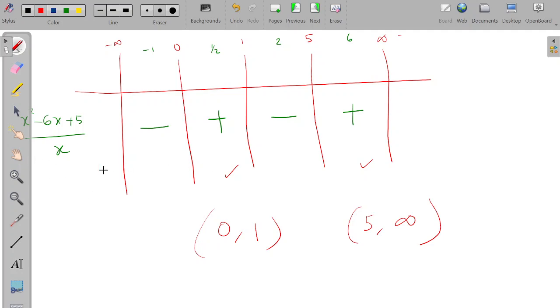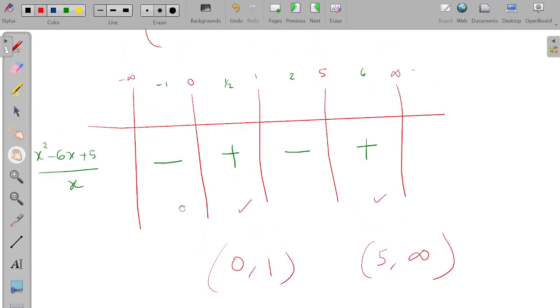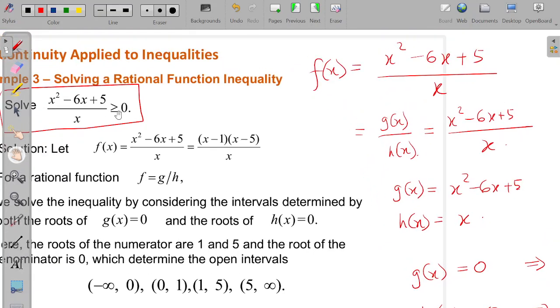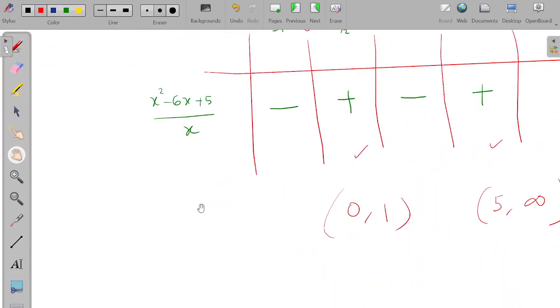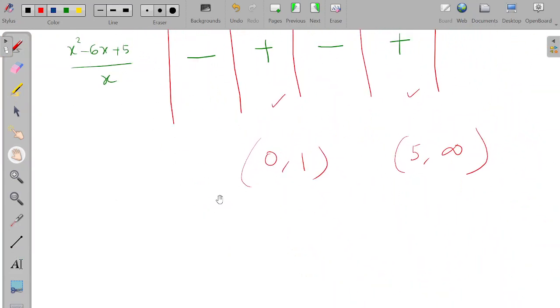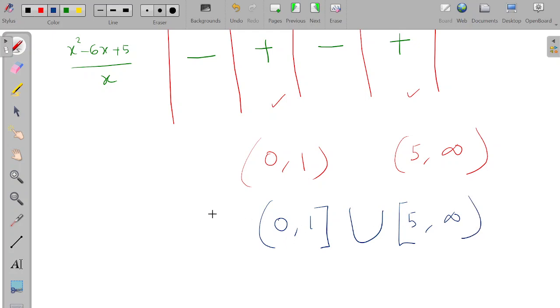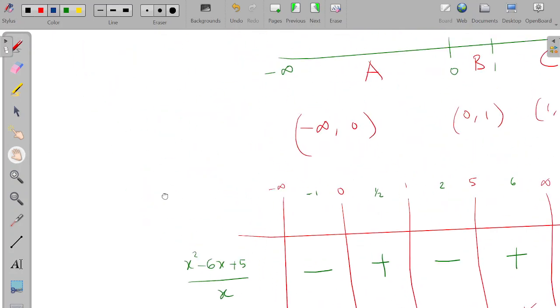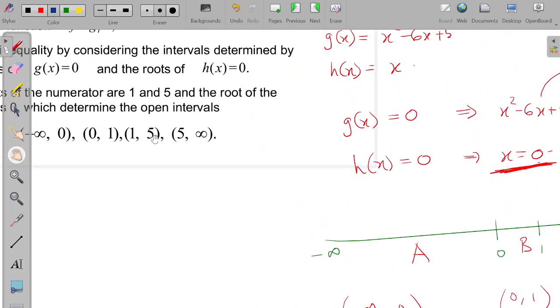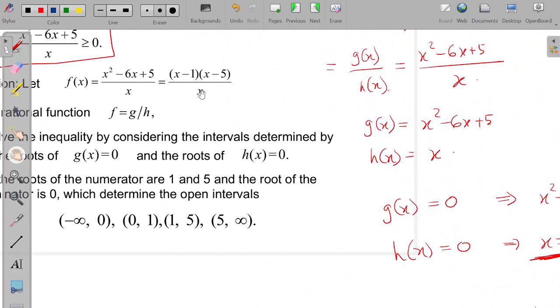But because the function we are given is greater than or equal to 0, 1 and 5 are included, like this. We don't include 0 there because it is in the denominator. If you put 0 there, we get undefined.